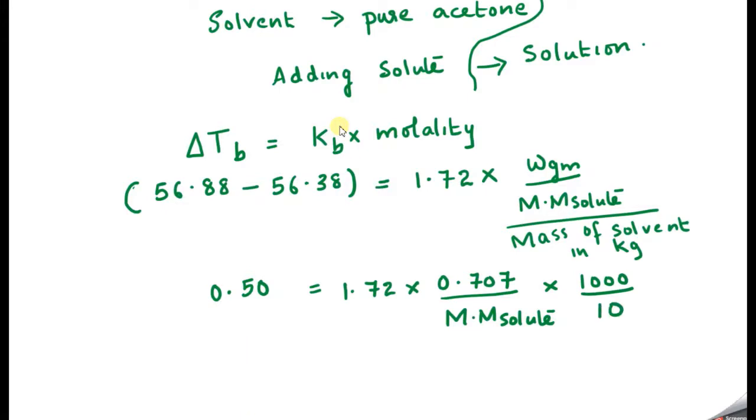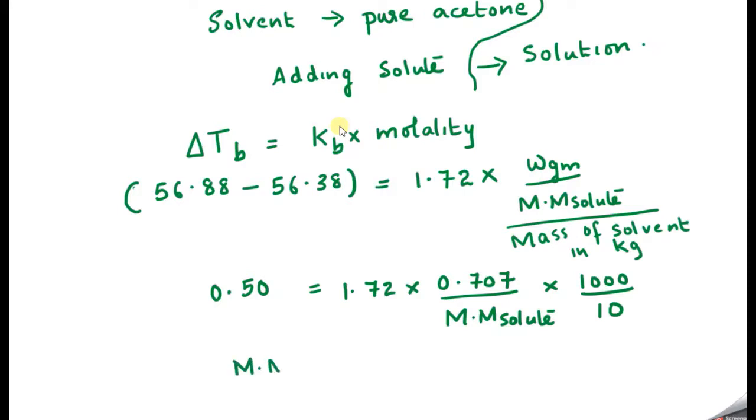So I can put here 10. Why are we multiplying by 1000? In gram you should divide by 1000, so that 1000 will come to the numerator. From this we can find the molecular mass of the solute.